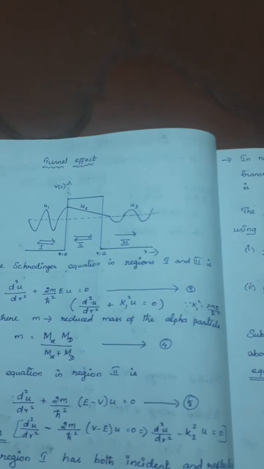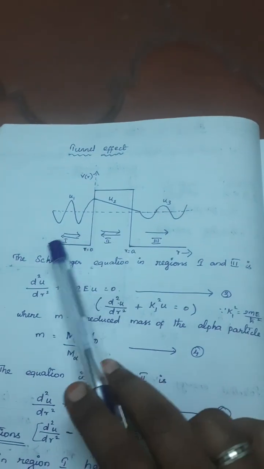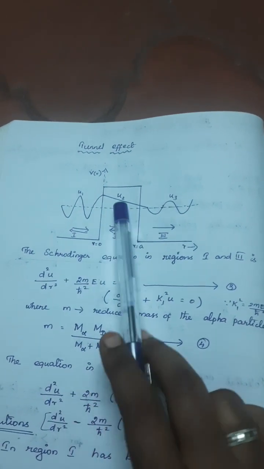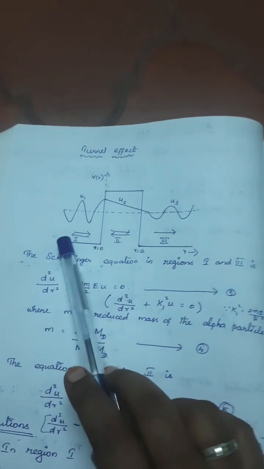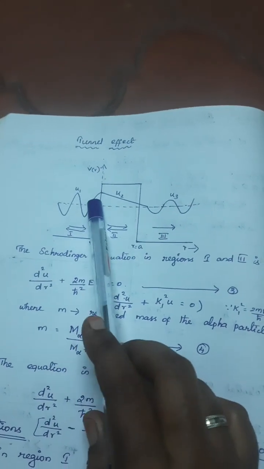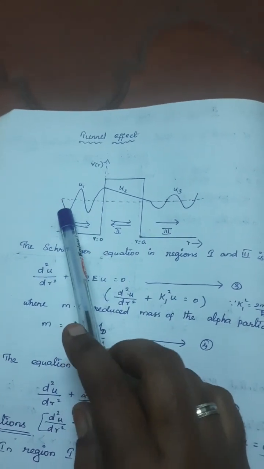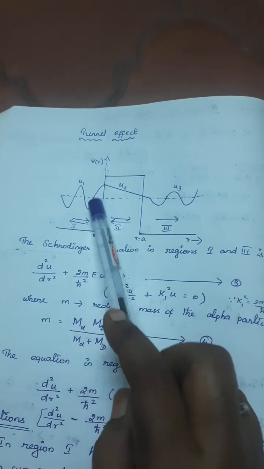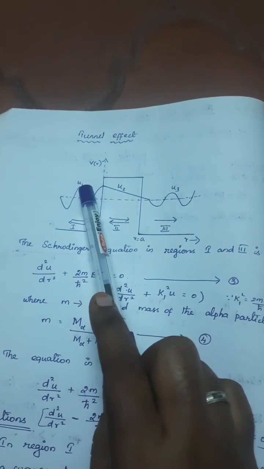Okay, now we see the tunneling effect. Here suppose we consider one tunnel. Here is our particle, moving like a wave, with wave function u1.